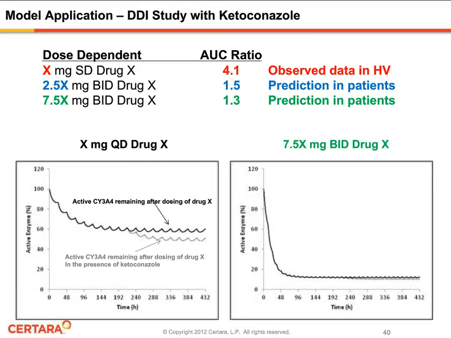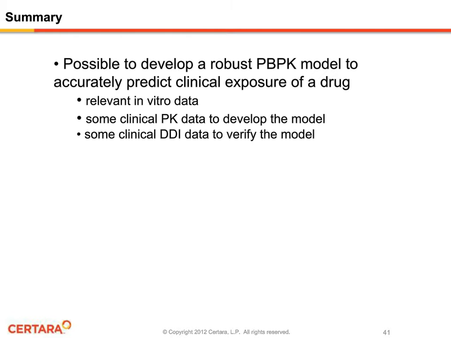So finally, you'll be pleased to hear that this is my last slide, really. What I wanted to show you is that it's possible to develop a robust PBPK model to accurately predict clinical exposure of a drug, but you have to have the relevant in vitro data, and good in vitro data. Even though you may have some clinical data which can be used to develop the model, you're still trying to gauge the relative contributions of enzymes initially from in vitro data, and maybe also transporter data.